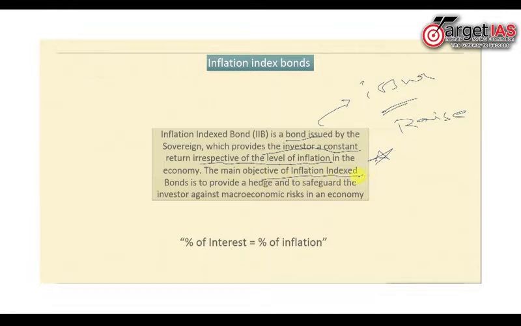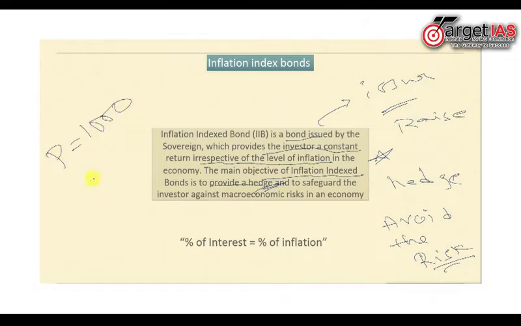The objective of inflation index bonds is to provide a hedge, and hedging is generally done to avoid risk. That is what we understood in derivatives. Let me brief you with an example. You invested a principal of 1,000 rupees, the interest they assured you is 10% on the 1,000 principal, and the inflation is also rising at 10%.